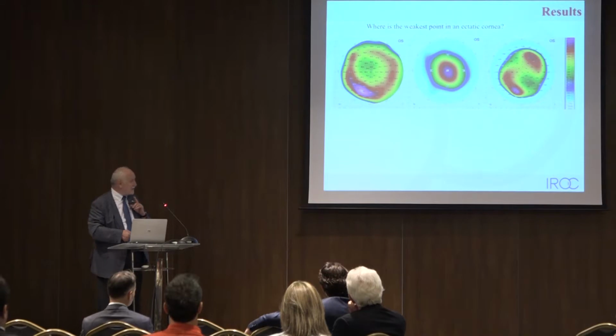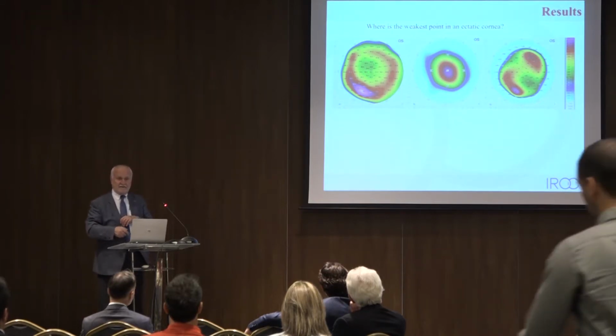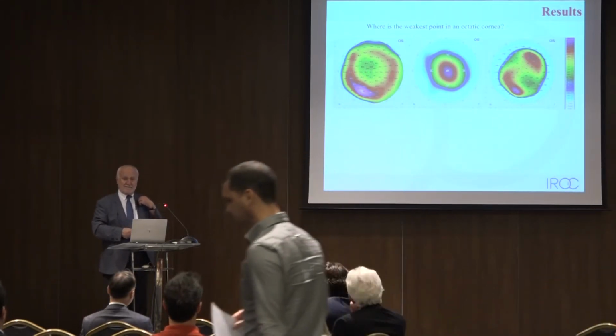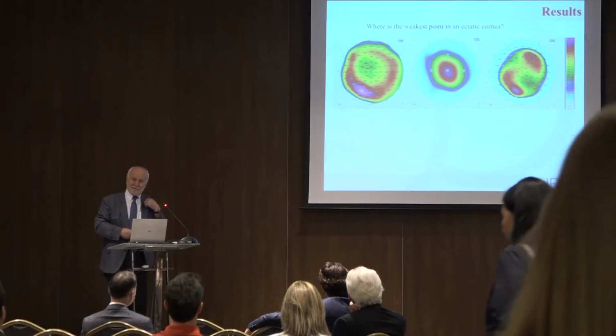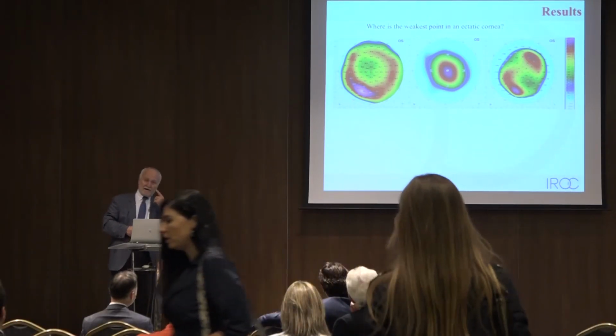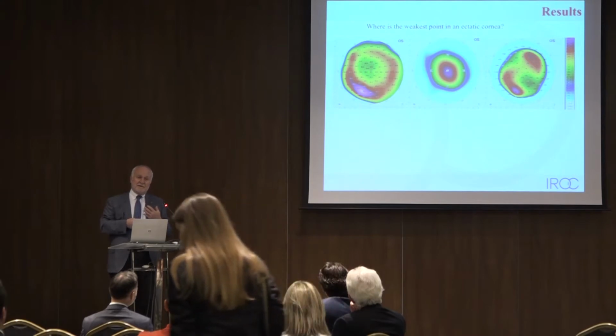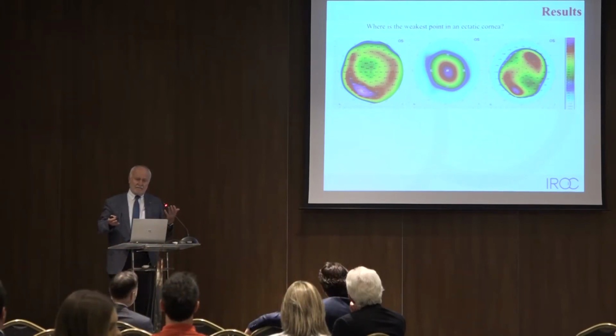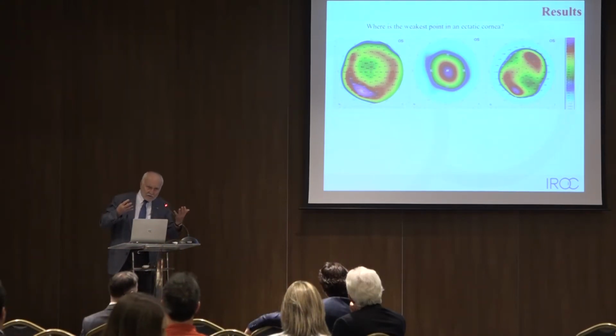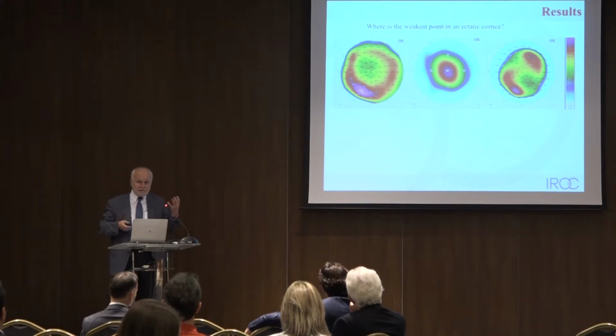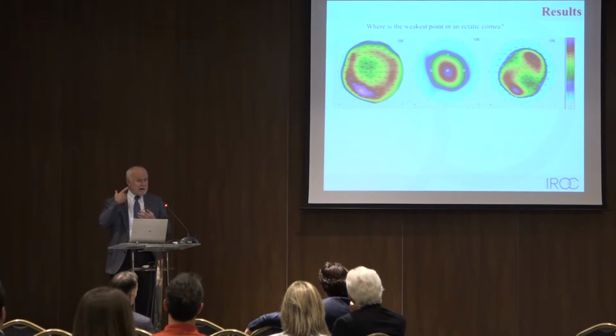We proved this in Dr. Koller's eye. He is a young man who got keratoconus 15 years ago in one eye. He came to us and asked for LASIK. I looked at the corneal topography and saw one eye had a forme fruste keratoconus, and the other was totally healthy. So I did a LASIK in the totally healthy eye and a PRK in the other one.